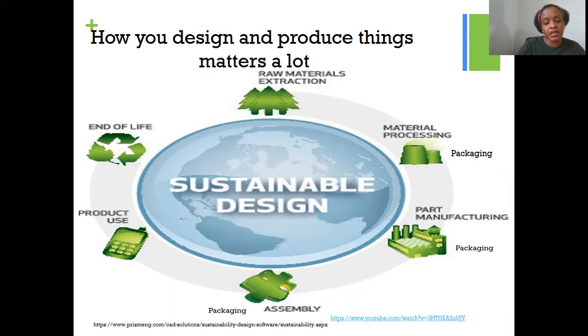Net zero meaning it has zero adverse impact on the environment and zero adverse impact on the health of consumers or users.